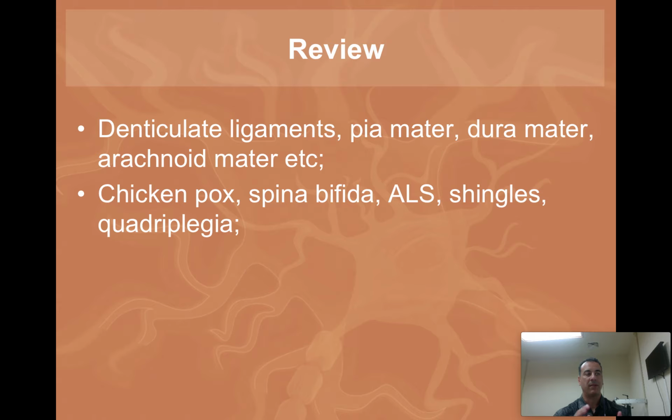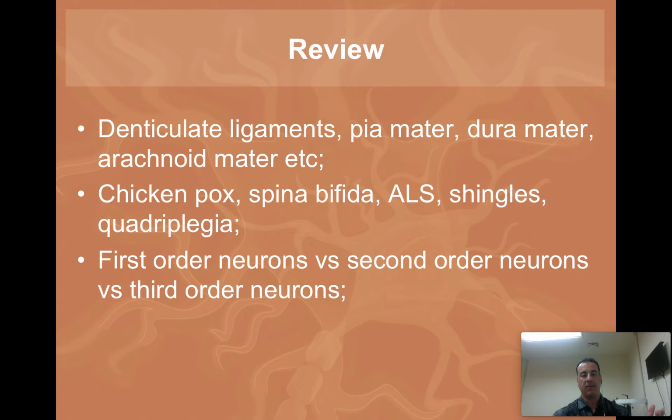Be familiar with the medulla oblongata, and the word decussate, I think it's coming up, right? To cross over. Where do things cross over? We have tracts that ascend the cord, they cross over and then go up to the brain. Or they come down from the brain, they cross over, right?